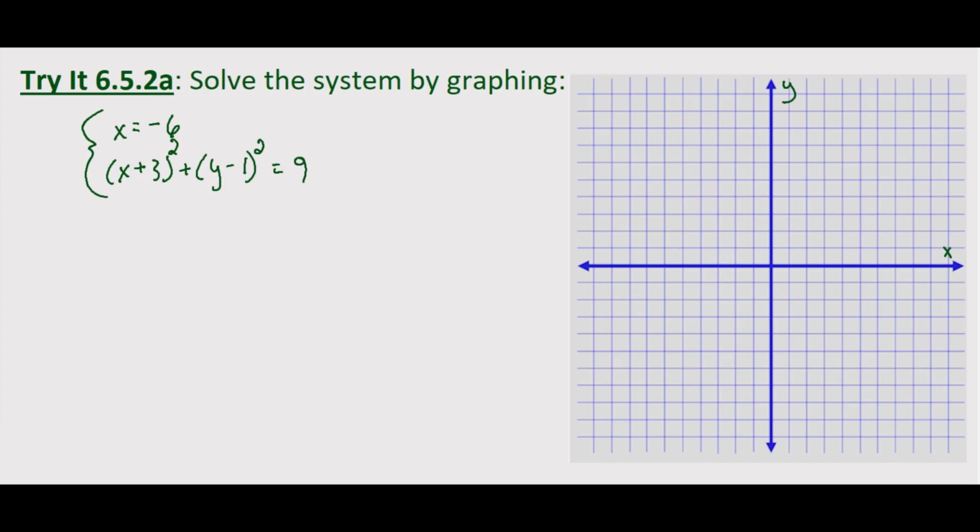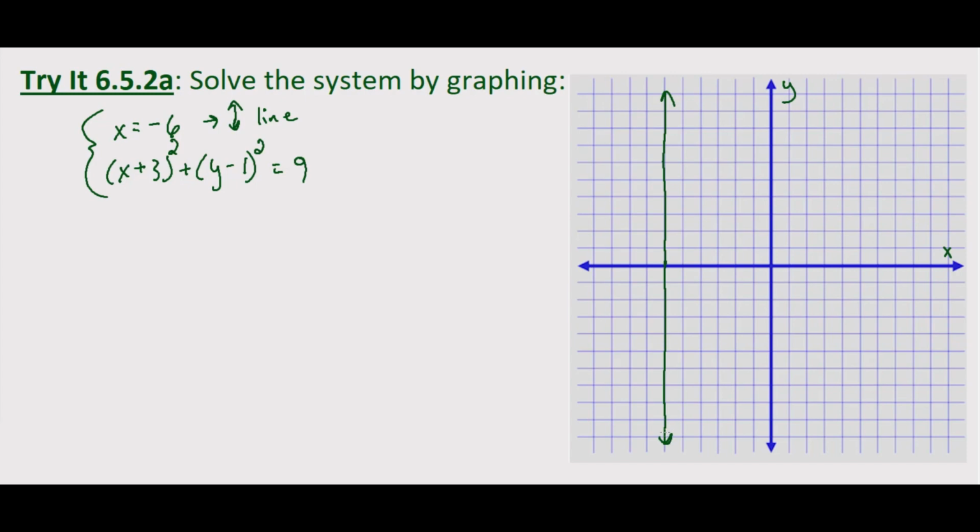So we should first off identify what each of these equations is. x equals -6 we should recognize is a vertical line at x equals -6. So we'll go ahead and go to x equals -6, and we will draw our vertical line represented by that first equation.